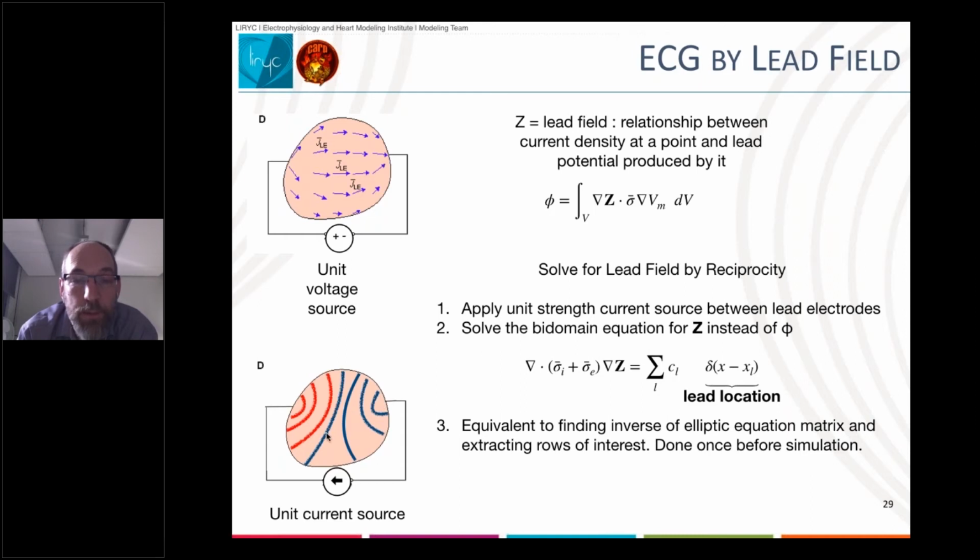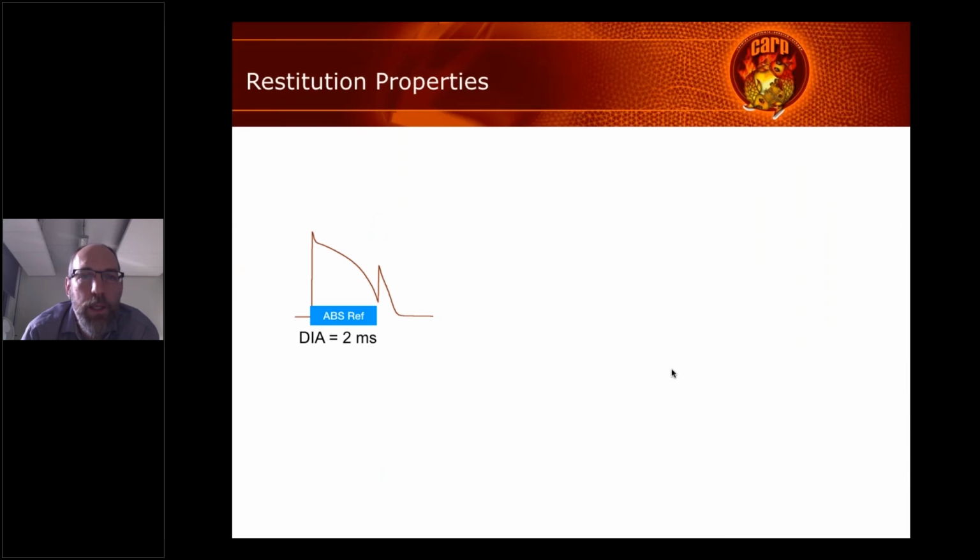We solve this once, and that potential field is also our field Z. That gives us the relationship between the current at every point inside our heart and the voltage at each lead. And we can just sum them up to figure out what our ECG is. It's computationally a lot quicker.